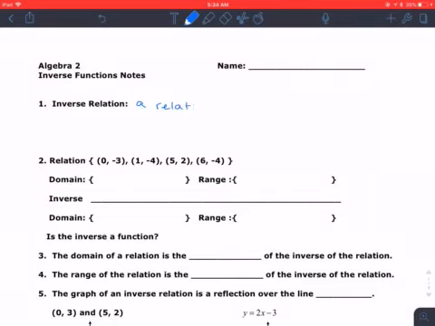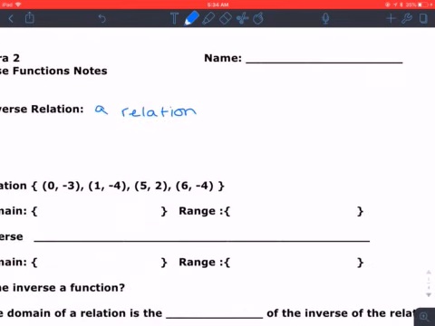So a relation that occurs when the order of elements is switched.